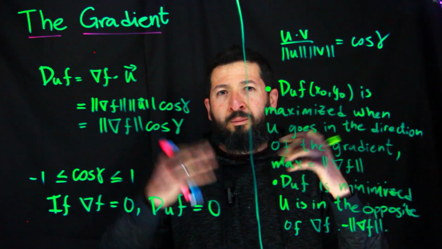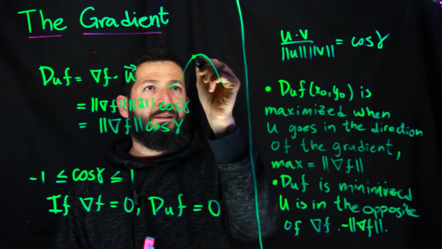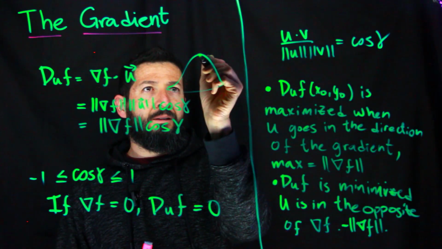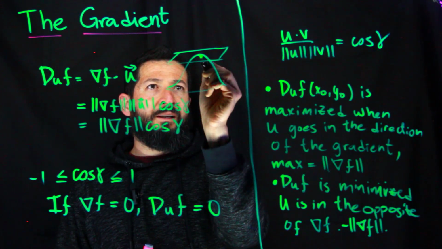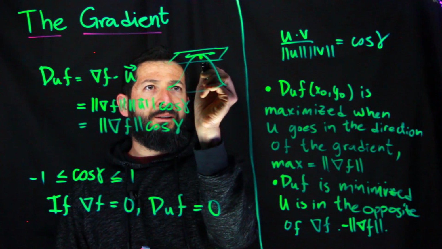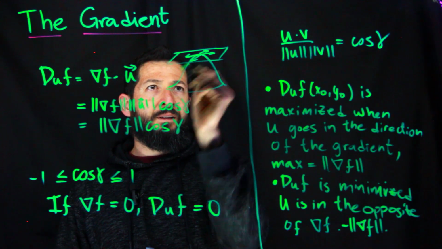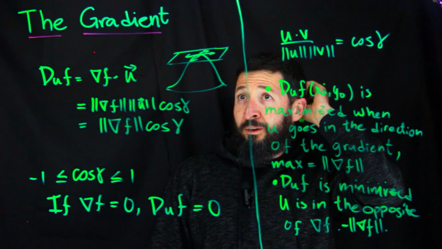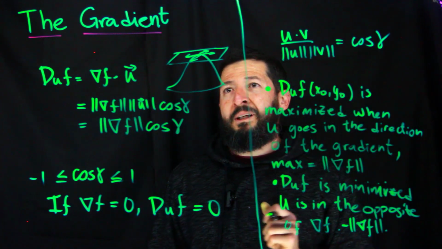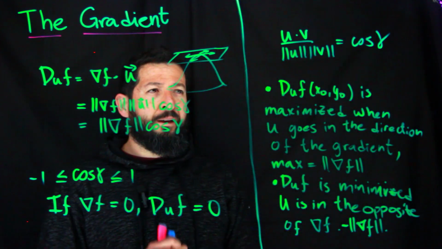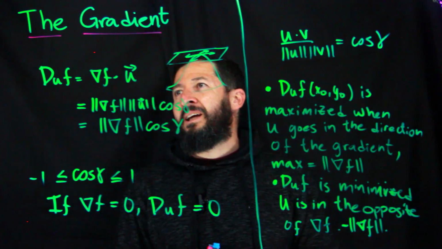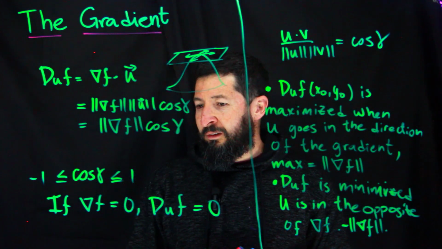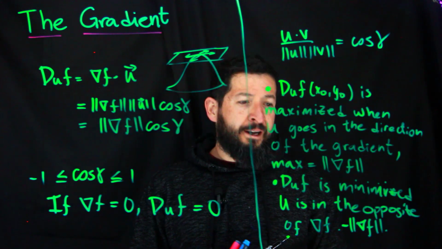That tells you that if you draw a plane, any vector on this plane is going to have a directional derivative equal to 0, meaning you're on a tangent plane, so you'll have a max or a min, and that will be the idea for optimization. We're going to start looking into that next time.